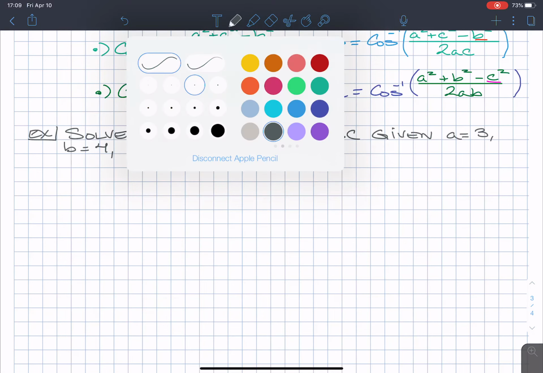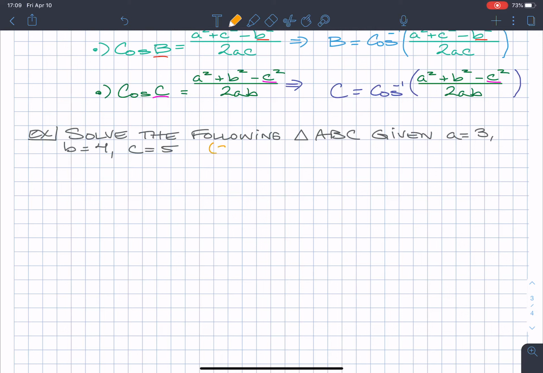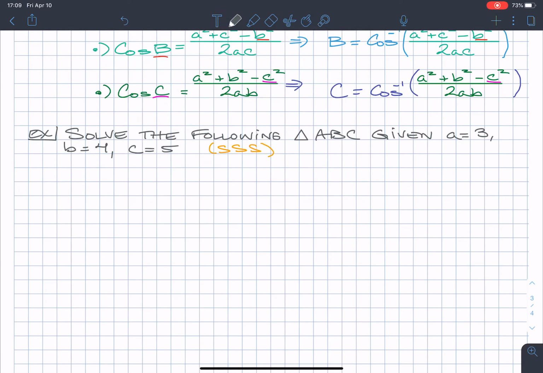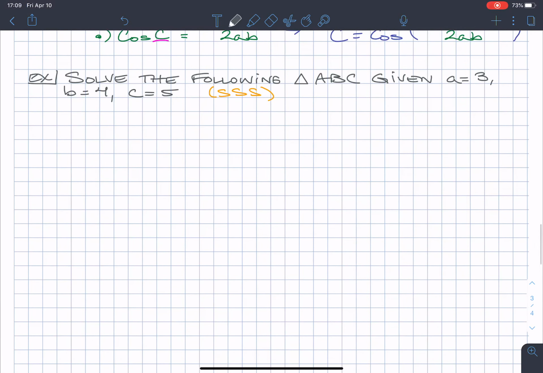So this, of course, is side, side, side. I'm given 3 sides, so I know I can't use the law of sines, unfortunately.